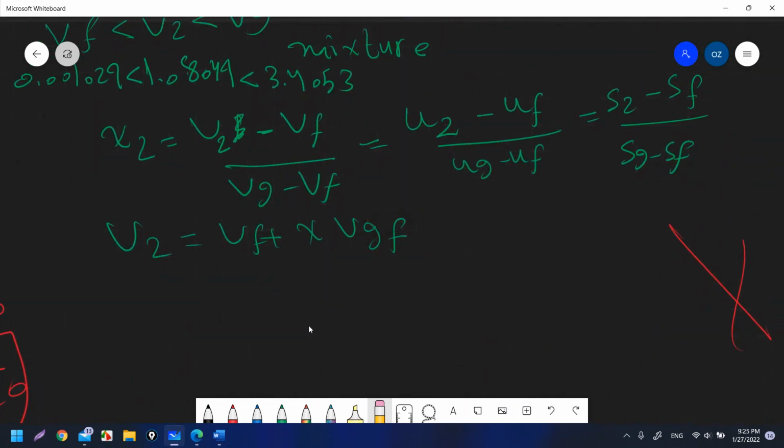Okay, let's substitute in this equation to find the quality. X2 is equal to V2. V2 is 1.08049. That V2 is equal to V1, we get from the last state, minus Vf, 0.001029.